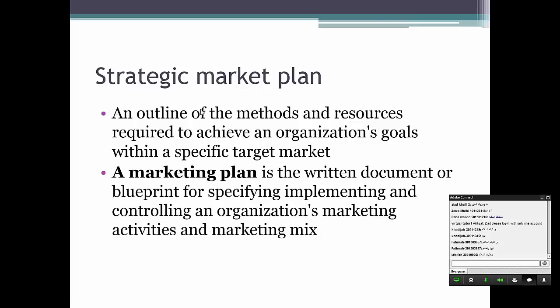So in the marketing plan, you write, for example, your goal, the organization's goal, and also you write what the product is, or what are the products or services that you are planning to sell to the people. And also it contains the customers, the targeted customers, and you can also add the study of the market, the market situation, and inside the market situation you can also add something about the competitors.